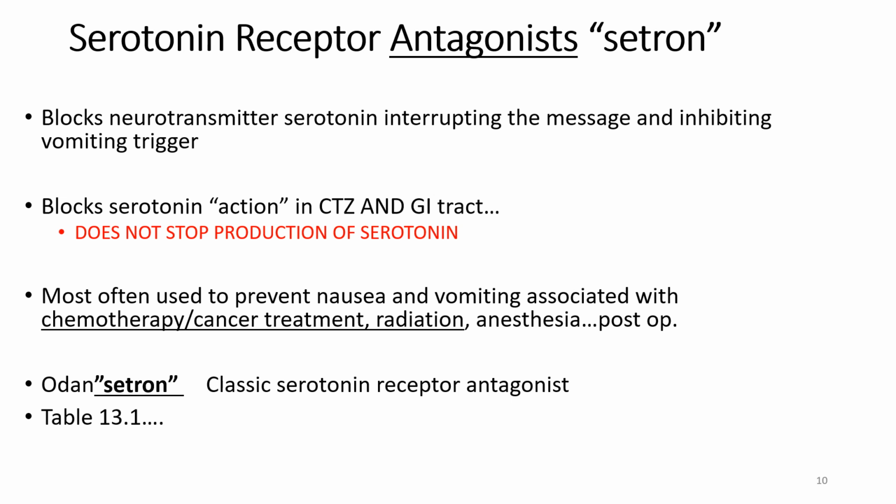Now, why do I tell you all of that? Because when we use a serotonin receptor antagonist, it could affect all of those systems. So as we move through, just be mindful of the numerous things that serotonin affects, and if we're antagonizing the receptors of serotonin, the consequences that it can cause.